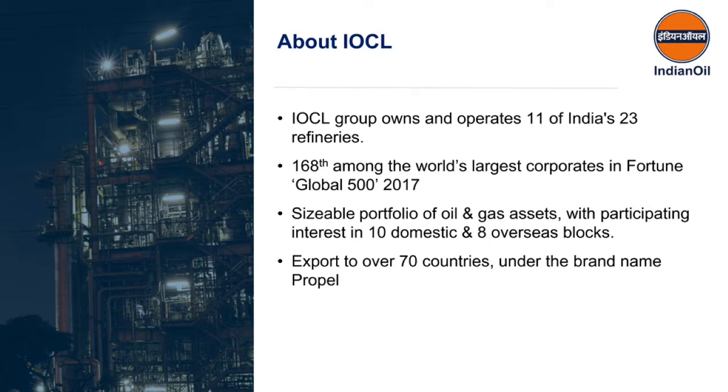The 8 overseas blocks are located in USA, Canada, Venezuela, Libya, Gabon, Nigeria, and Russia. In addition, we have also formed subsidiaries in Sri Lanka, Mauritius, the UAE, Sweden, USA, and the Netherlands.